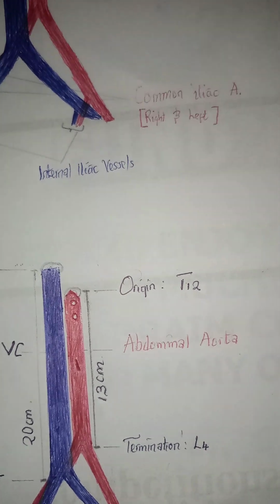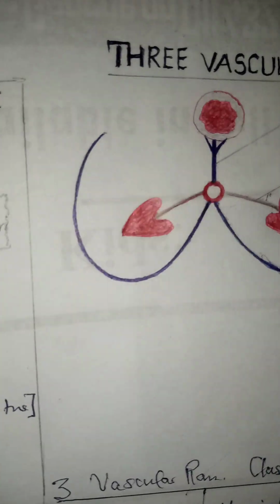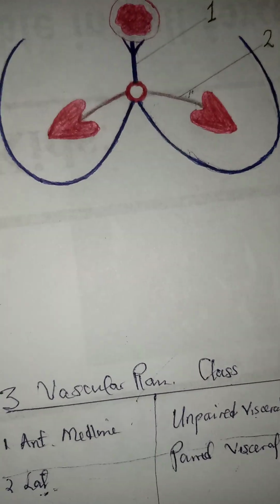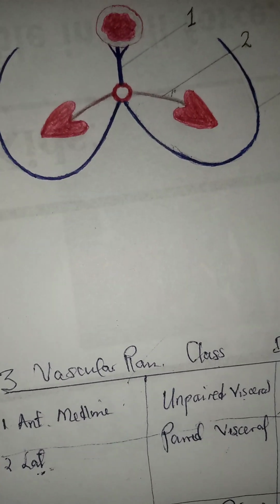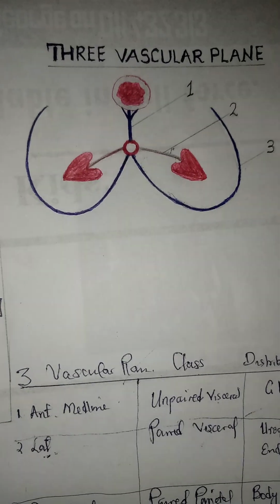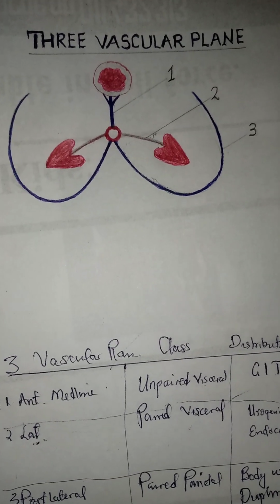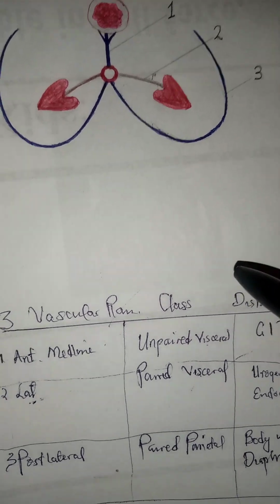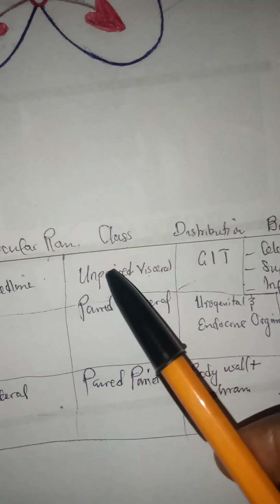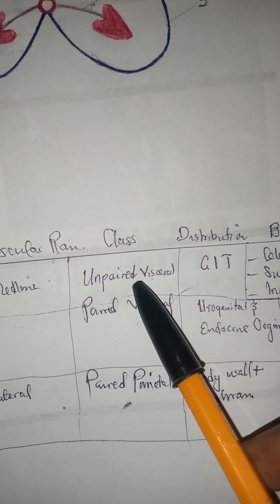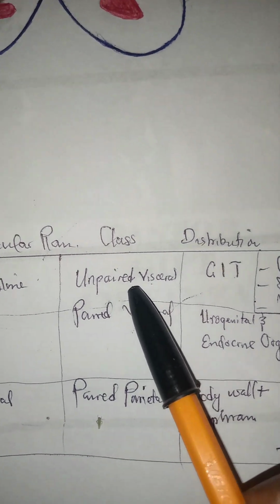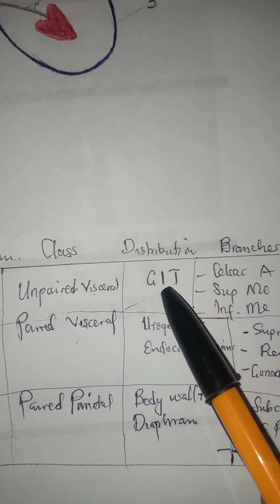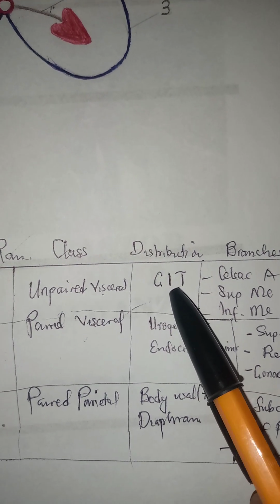Okay, so coming to the tributaries, which correspond to the three vascular planes of the abdominal aorta. Initially we had unpaired visceral here. If you notice, it was distributed throughout the GIT.